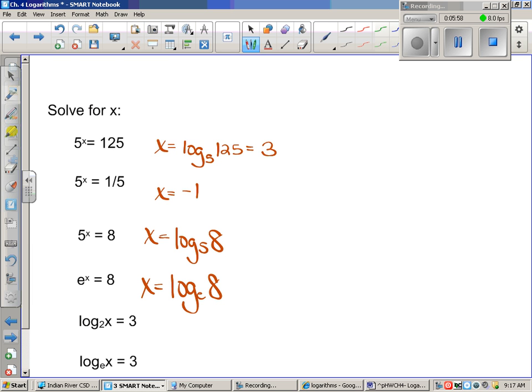Now, I'm going to take a quick moment to just talk a little bit about that. Log base e. You will never, ever, ever see log base e unless they're trying to mess with you a little bit. But the truth is what that represents is what we call the natural log. And so I tell you that because log base e is actually more natural. E occurs, to use that term, more in nature.